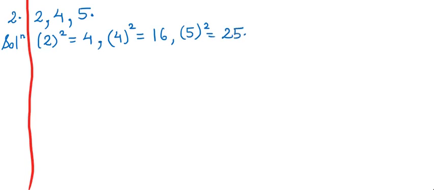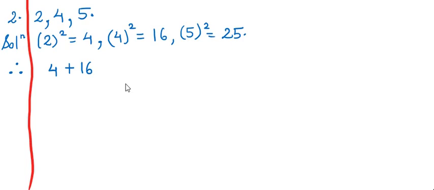Now from 2, 4 and 5, which is the biggest number? 5. Yes, the other two numbers are 2 and 4. Their squares we are going to add. See here? Therefore, see on the board. Square of 2 is 4 and the other number is 16. We will add them. It should be equal to the biggest number square.